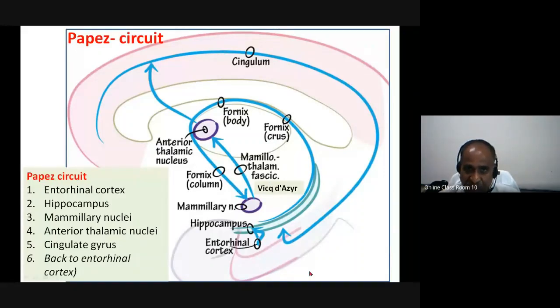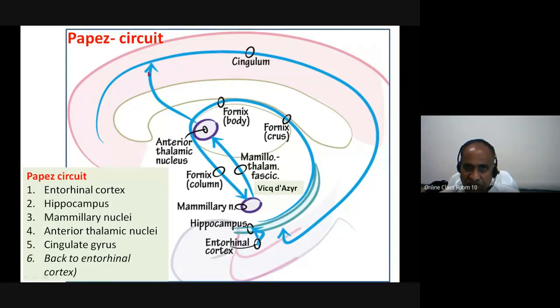I repeat, it starts from the entorhinal cortex, then the hippocampus. From the hippocampus, through the fornix, it reaches the mammillary nucleus. From the mammillary nucleus, the mammillothalamic tract reaches the anterior part of the thalamus. From the anterior thalamus it goes to the cingulate cortex. This is the cingulate cortex, and this is the corpus callosum.